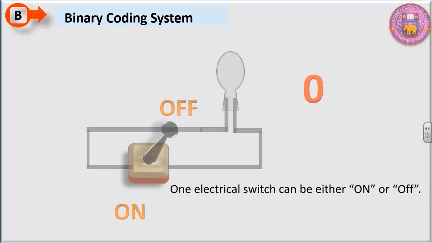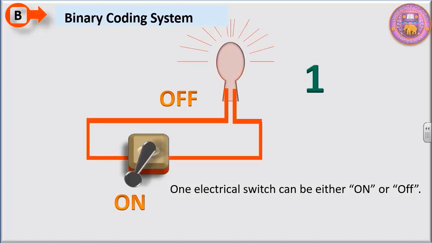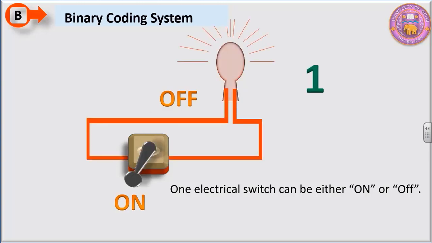One electrical switch can either be on or off. Now see with the help of this diagram how it actually works. When electricity is off, it is 0, and when electricity is on, it is 1. See it once again. When the electricity is off, it is 0. The moment it is switched on, electricity is termed as 1. Or we can say it is on.